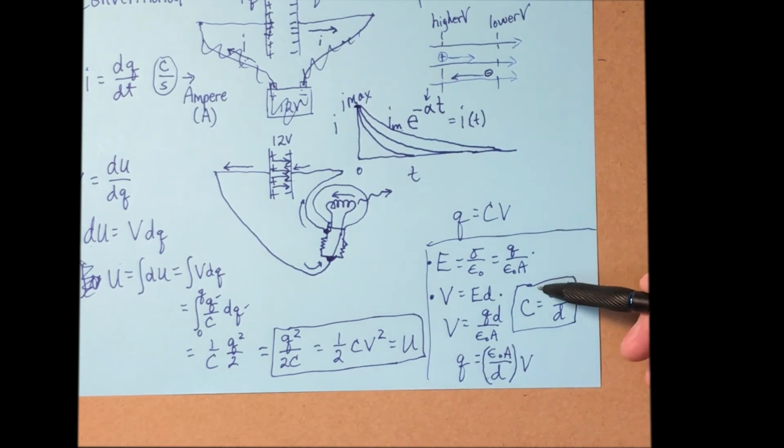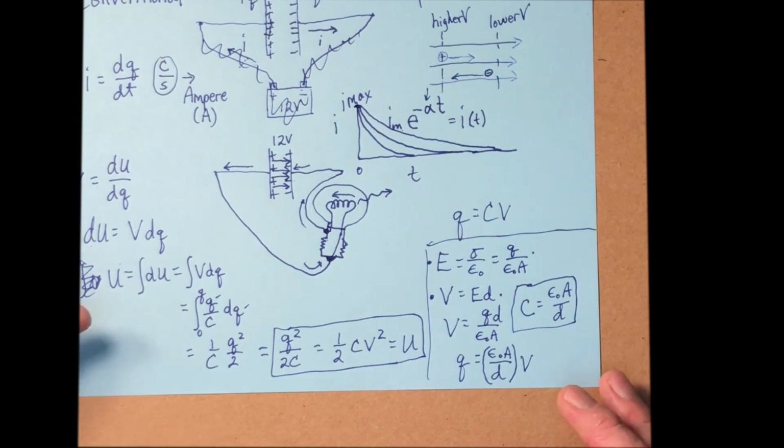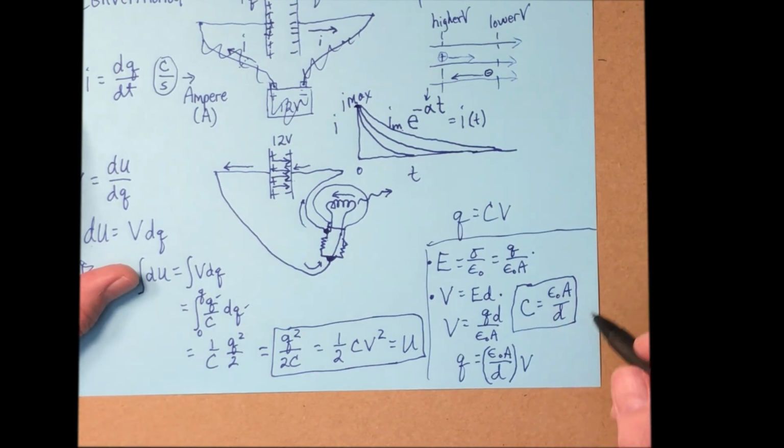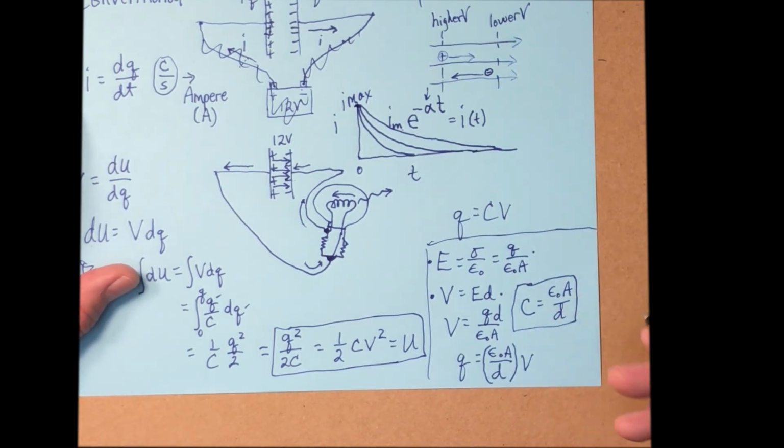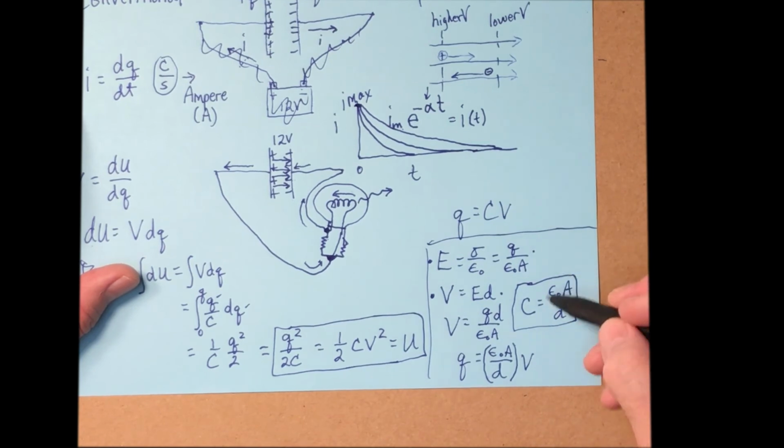So the capacitance here is related to geometry. That's a general statement that will be true no matter the situation. You'll discover here in probably just a few minutes that capacitance always depends upon geometry. It doesn't depend upon things like charge or potential difference or any electric field. It just depends upon some parameters that are related to geometry.